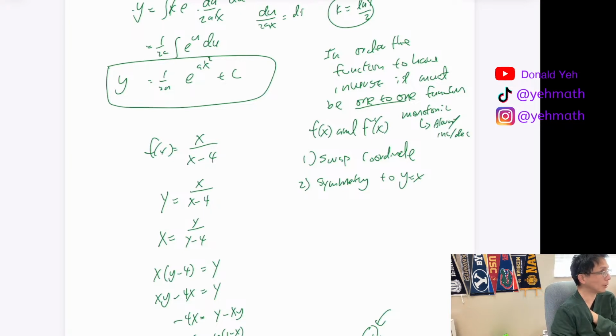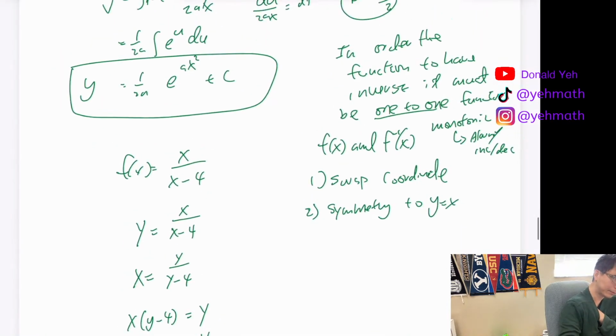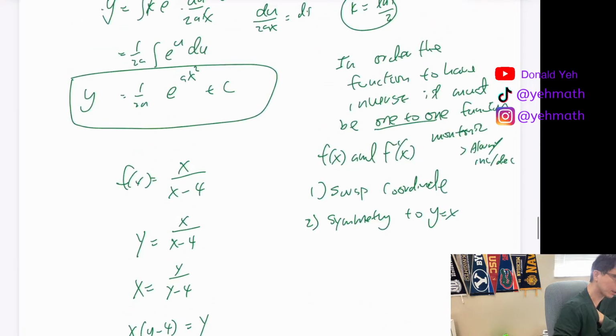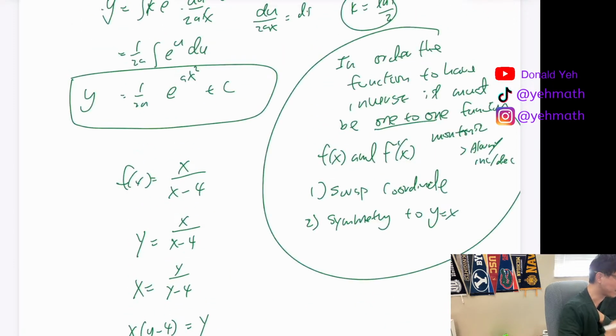You must pass the horizontal line test, and a parabola fails it, so you have to cut the parabola halfway in order to have an inverse. Monotonic means the function is always increasing or always decreasing. So that's some basic understanding about inverse functions.